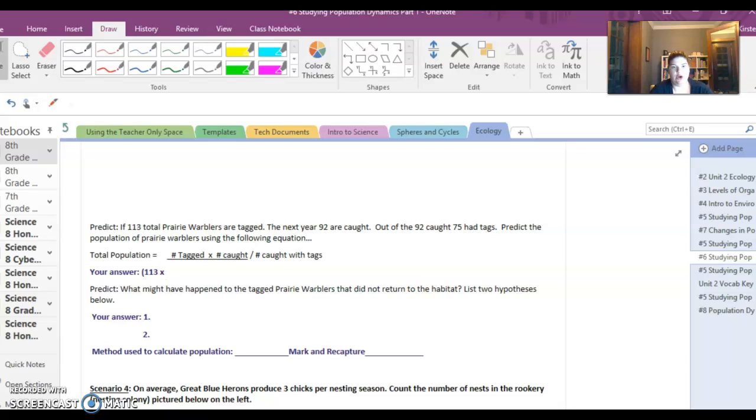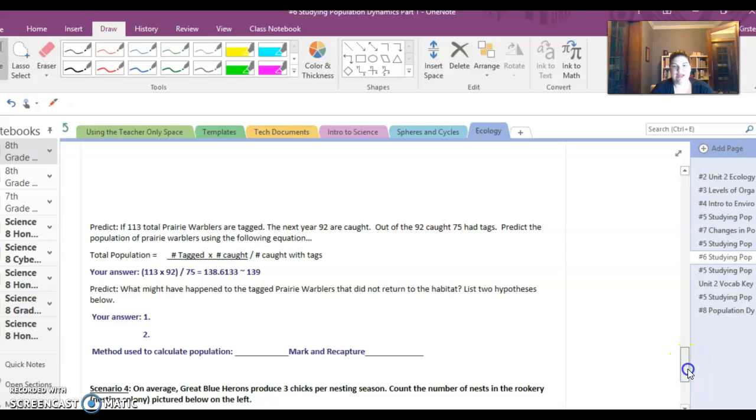Multiply that by the number that were caught, and so the next time around when they did the recapture there were 92 that were caught, and then we're going to divide that by the total number caught that had tags. So the second time around when they recaptured them, 75 had tags, and that should give you 138.6, and we would just round that up to 139. We don't need to count fractions of birds.